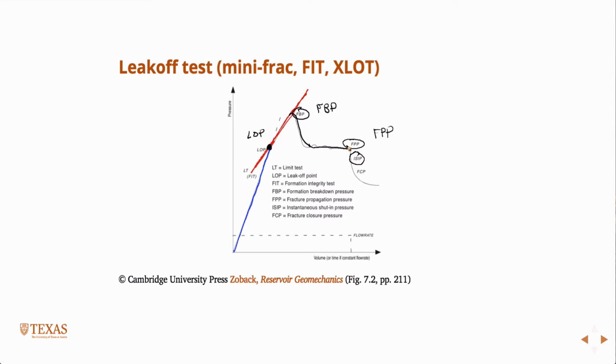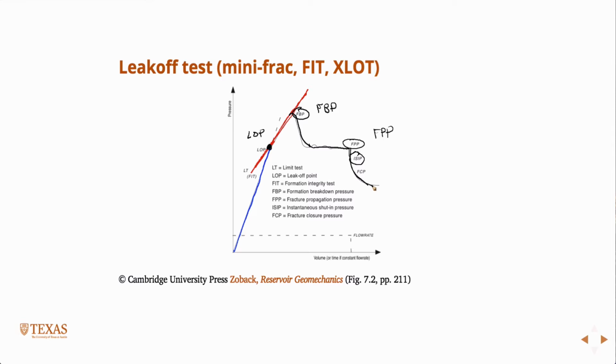The instant that the fracture closes is the point where the pressure inside and the S3, the minimum horizontal stress pushing against it, are truly in equilibrium, right? And so that's called the fracture closure pressure, and that's somewhere down this curve, and we'll talk about where down that curve in another slide or two, right?